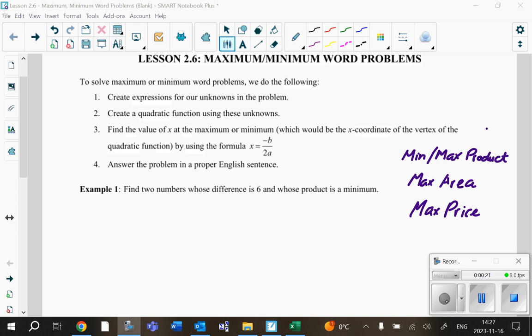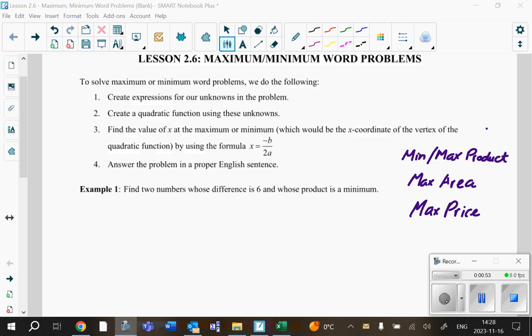Because any kind of problem that involves reaching a maximum or reaching a minimum can be modeled and solved using quadratic functions, especially if we're asked to find the maximum or minimum, because the maximum or minimum of any quadratic function is always the vertex, right? So we use that special formula to find the vertex, and that helps us solve the problem.